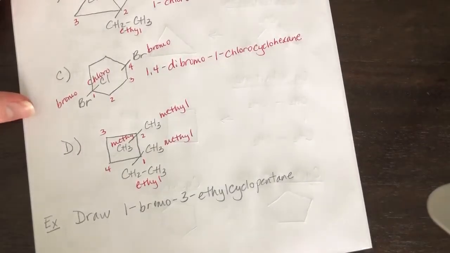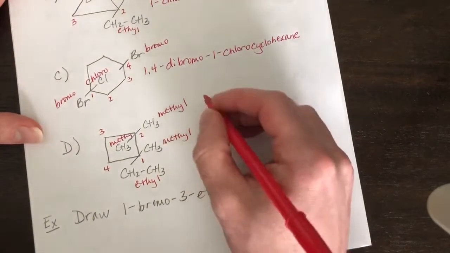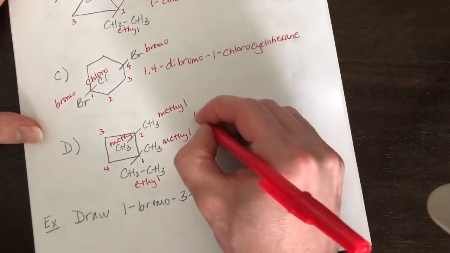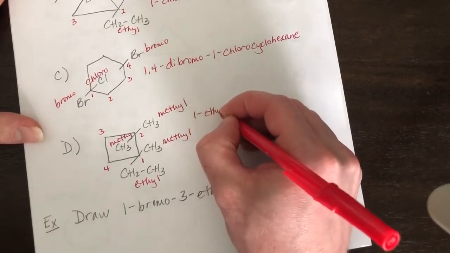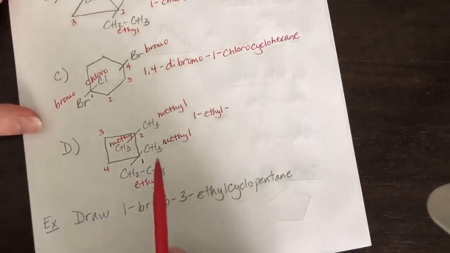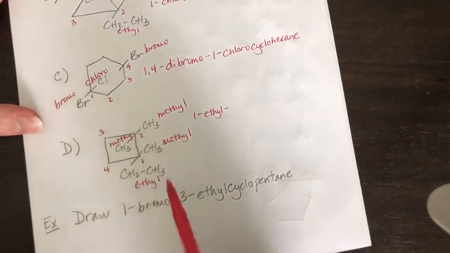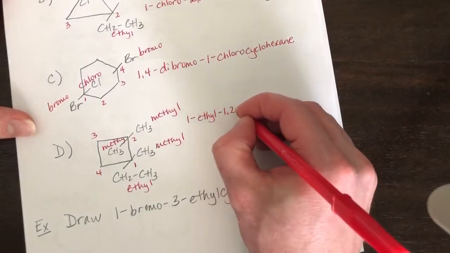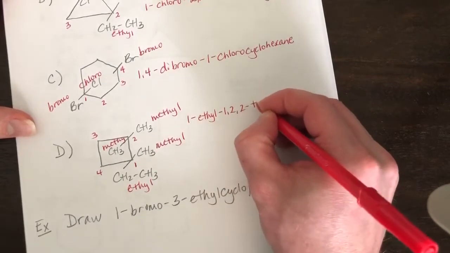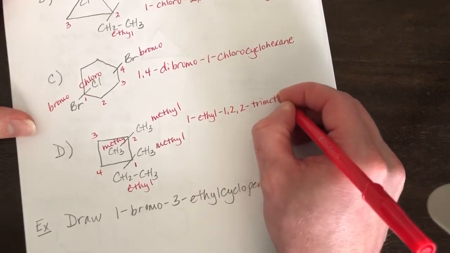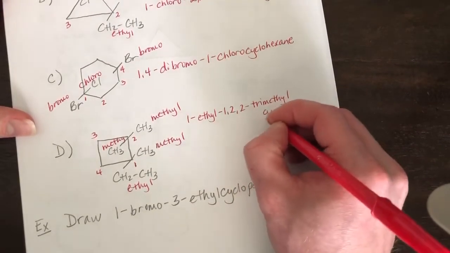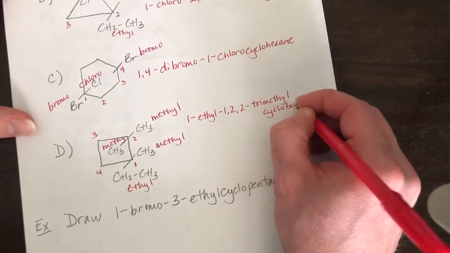So we can get the lowest numbers possible. So this is going to be 1 ethyl. We got methyls going 1, 2, 2, trimethyl. It's a cyclobutane.